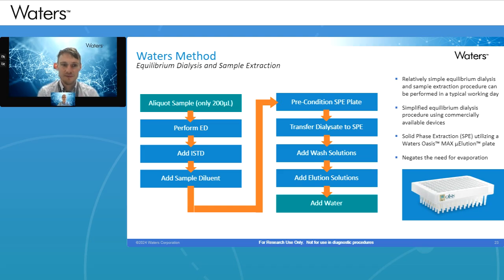Yeah, it was a challenge, but that diluent contains a high amount of ammonia, which seemed to be the key to stop that from happening. And it also worked well because we performed ion exchange SPE with our MAX plate, so we need to start by adding a base for that to work.